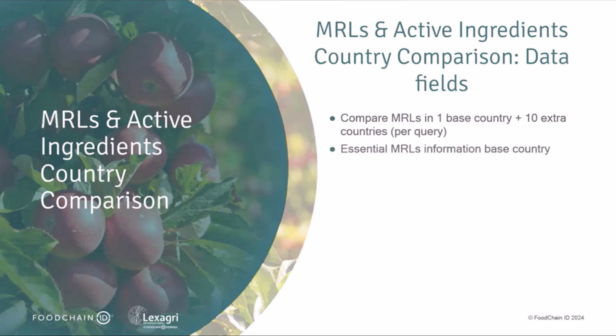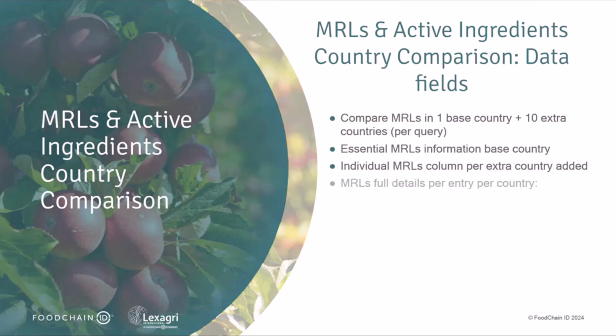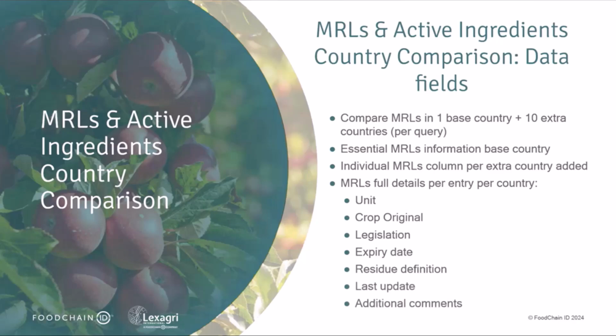All results will include essential MRL information for the base country and additional columns with specific MRL results for each country. Last but not least, for each MRL result, users will be able to further explore other pieces of information such as MRL units, crop original as mentioned in the legislation itself defining that MRL, expiration dates, residue definitions, last updates, and other additional comments.